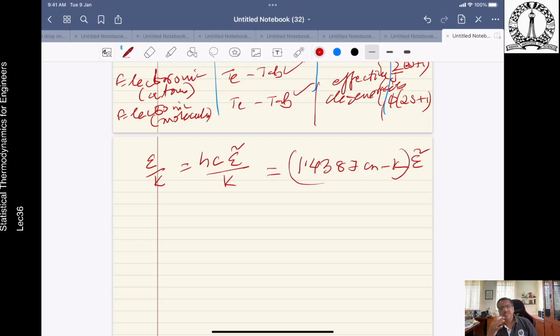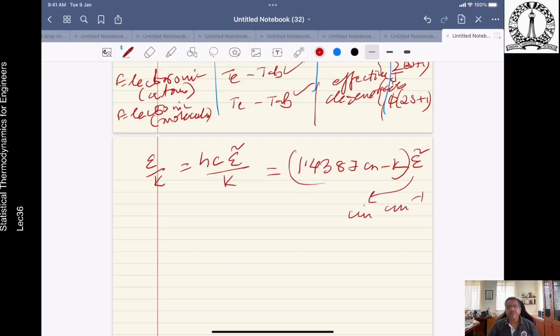Here h is Planck's constant, k is the Boltzmann constant, and this is the energy in centimeter inverse. So this gives you energy in terms of Kelvin, in terms of temperature. That is useful in calculating the thermodynamic properties.